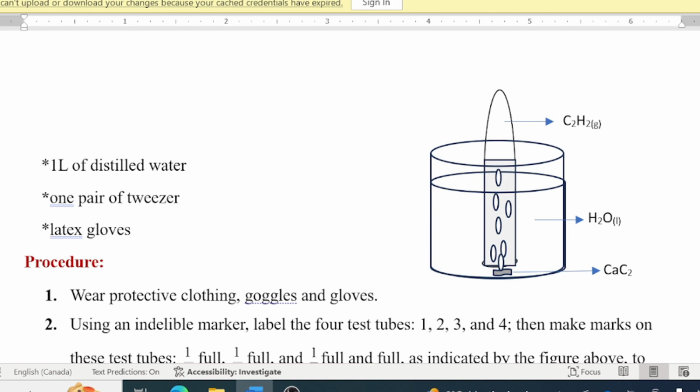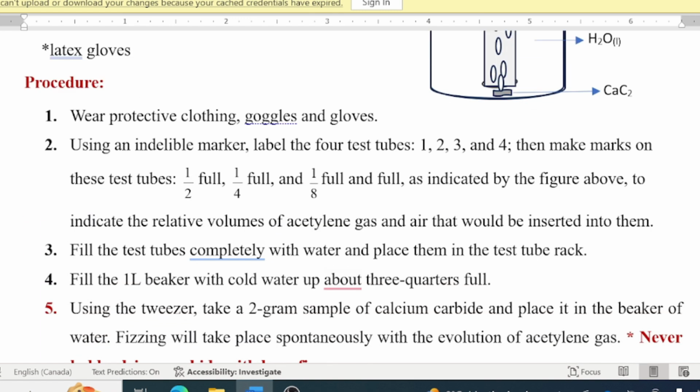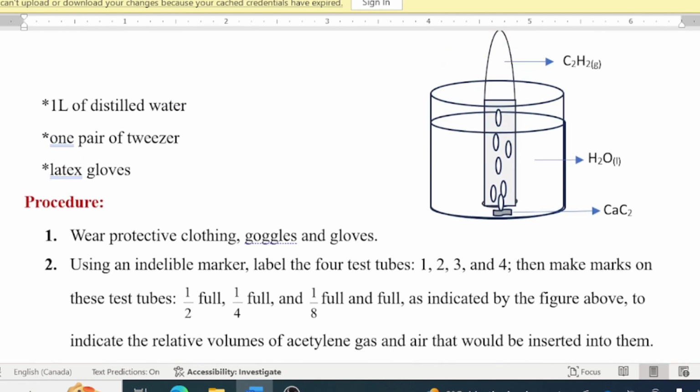Then you take a pair of tweezers and grab a piece of the calcium carbide and put it at the bottom of the beaker here. The moment you put the calcium carbide there, it spontaneously reacts with water to produce bubbles of acetylene gas. So as the acetylene gas rises, it displaces the water downwards.